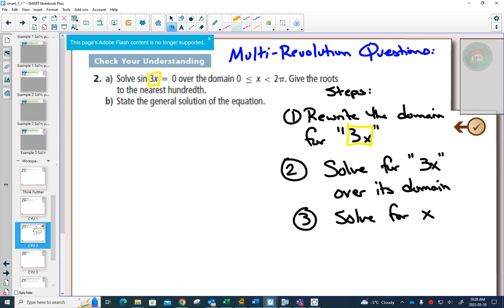So these steps won't really make sense to us until we see the example going with it. These are the steps in general. What does this mean?